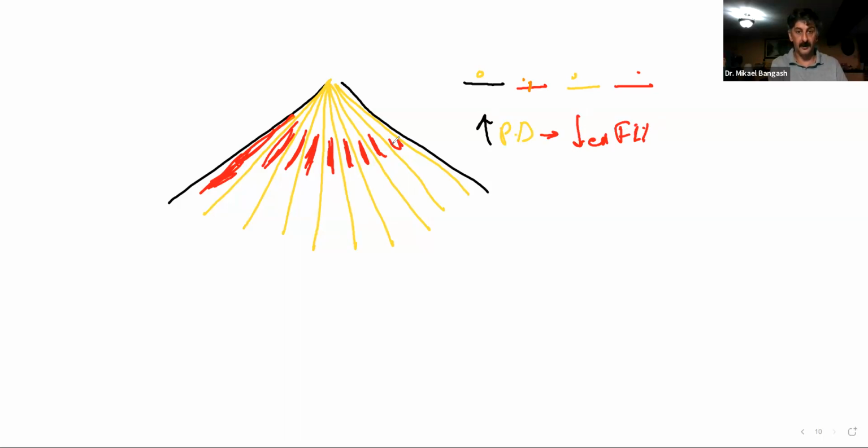We already know that this increased pulse density increases your axial resolution. It also improves your spatial resolution.